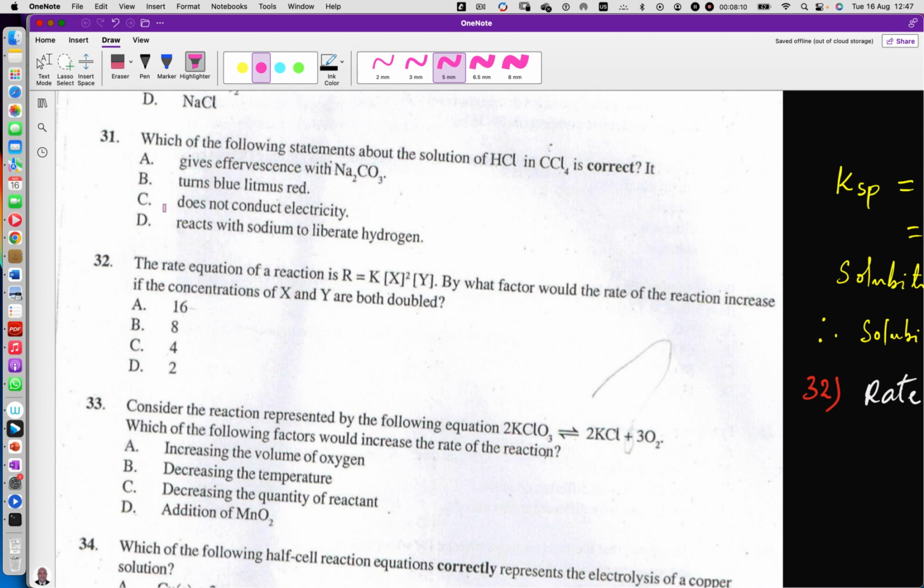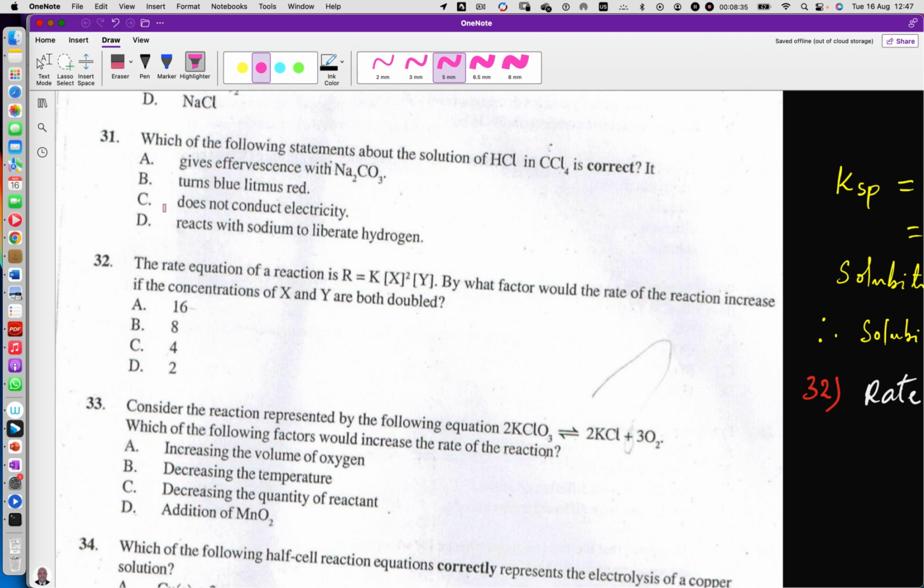Solution of this in tetrachloromethane is correct. It gives effervescence with sodium carbonate. It turns blue litmus red.